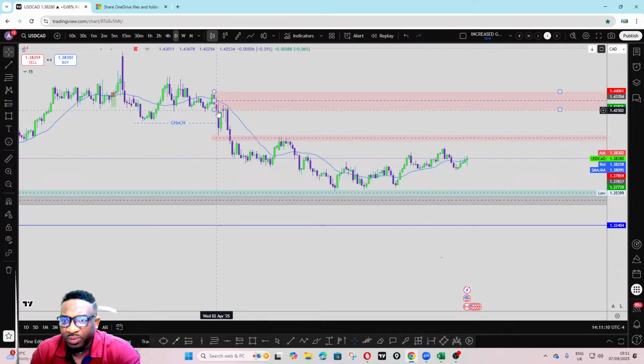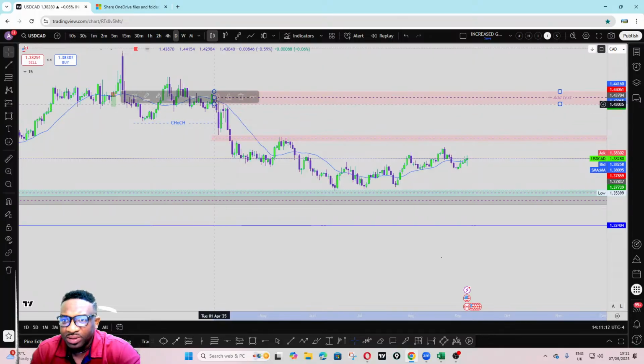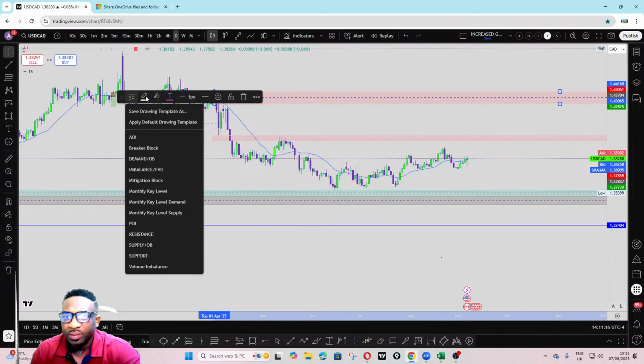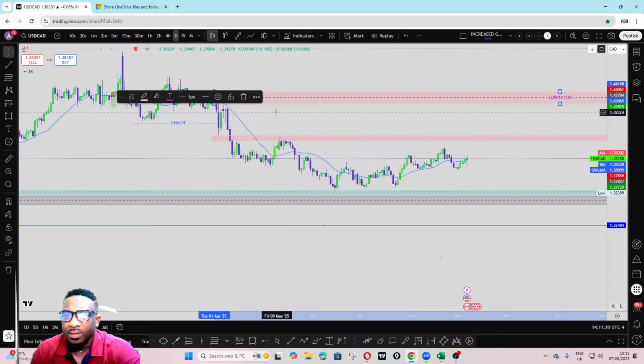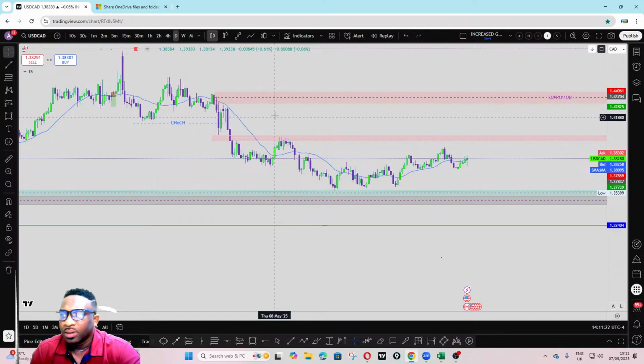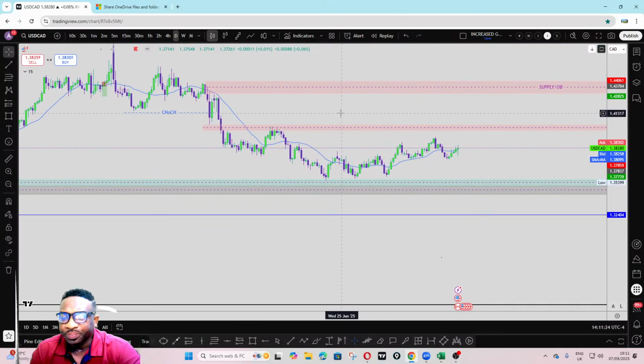So we take the last indecision candle to be our supply area. Yeah, supply zone.